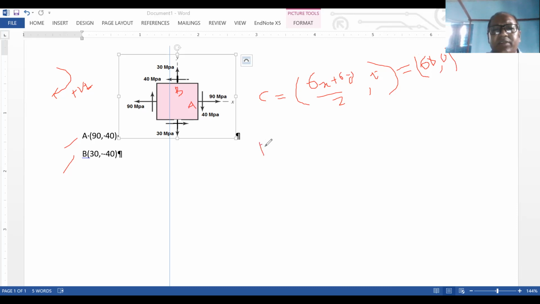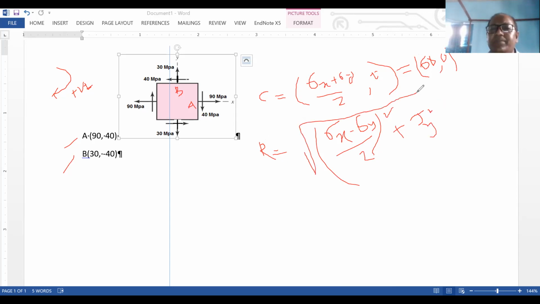So for the radius of the circle, what is our formula? The formula is the square root of sigma x minus sigma y divided by 2, whole squared, plus tau xy squared. Then you have the root over.